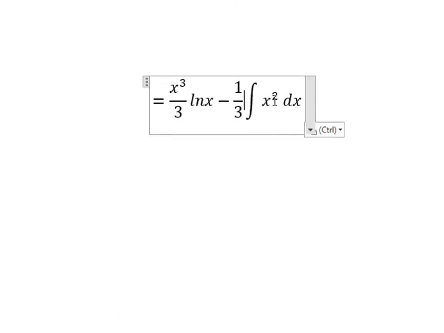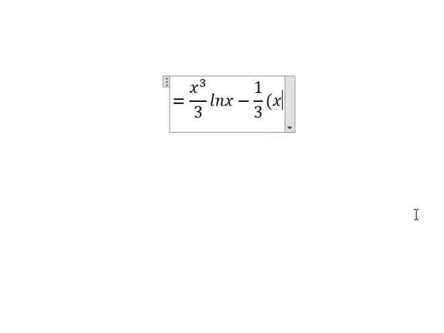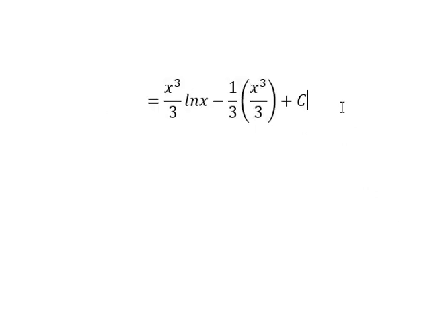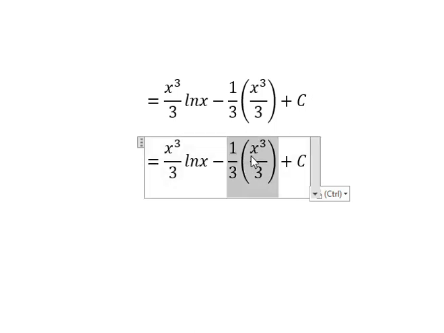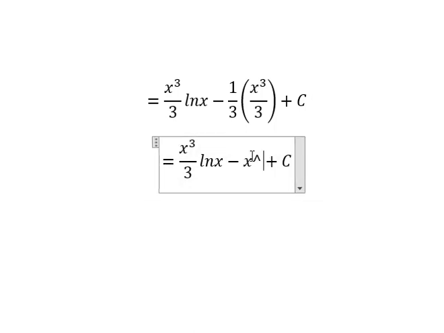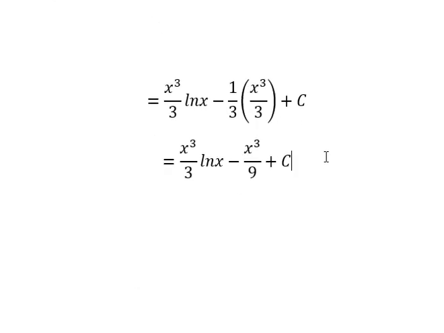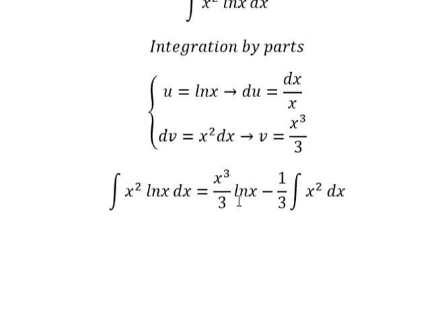Next, the integration of this one we have s to the power of 3 over 3, and I will put c. So this one we have s to the power of 3 over 9. Now let's go to the second one. We do the same technique.